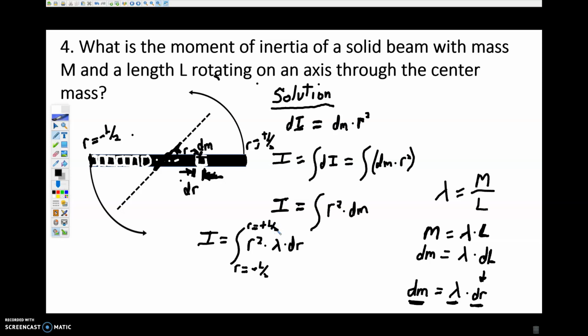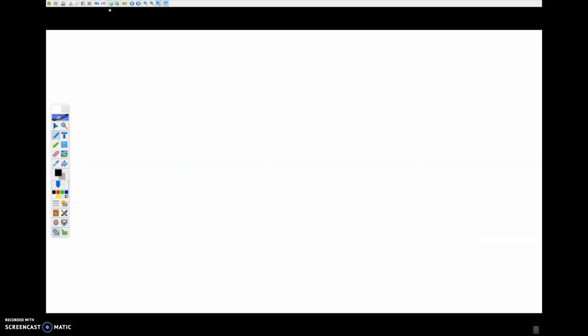And now I'm ready to integrate. So I equals, I could pull the constant out front, lambda times the integral from negative L over 2 to positive L over 2 of r squared dr.